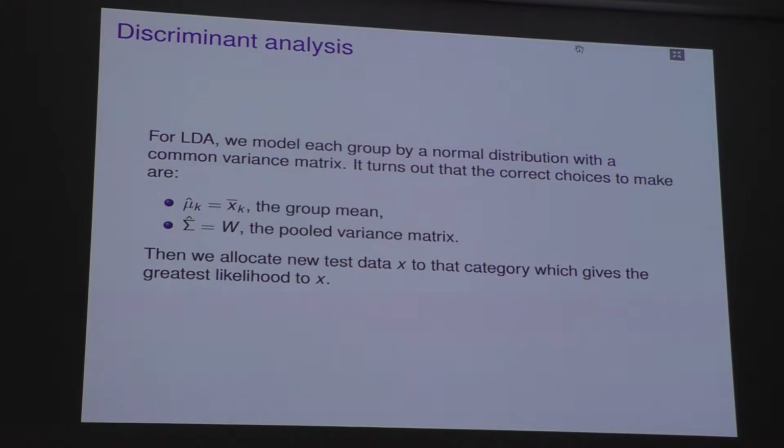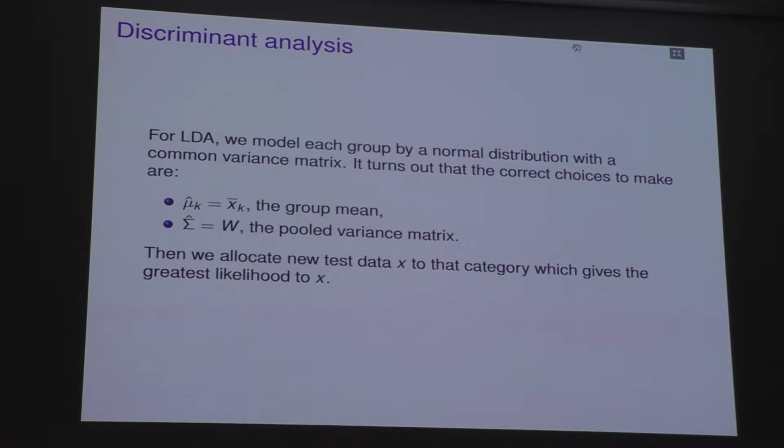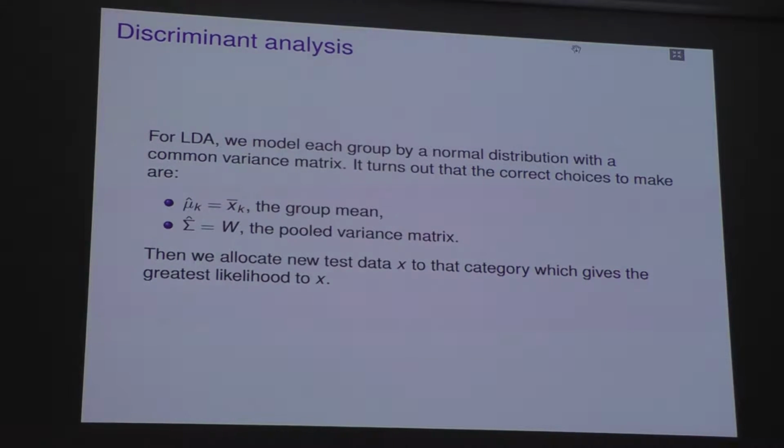Okay. So each individual group is going to be modeled as if it comes from some multivariate normal distribution with mean equal to the sample group mean, that's the average of all the observations in that class, and the variance equal to this pooled variance matrix.